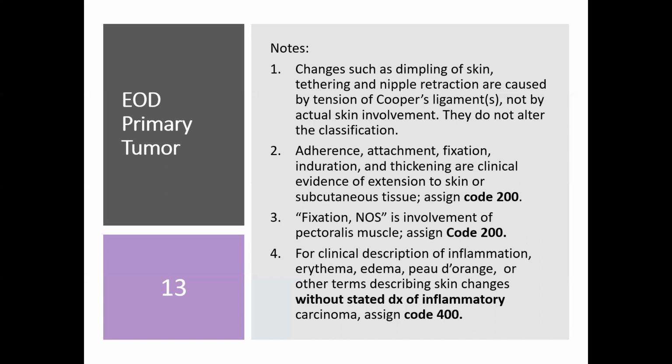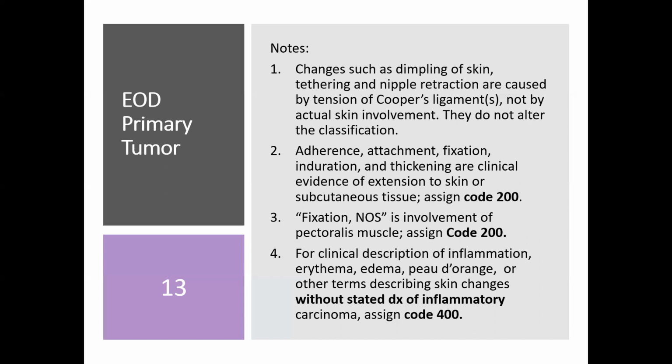If you have terms like adherence, attachment, fixation, induration, or thickening, these are all clinical evidence of extension to the skin or the sub-Q tissue, and then you would assign a code 200. If all you have is fixation NOS, that is determined to be an involvement of the pectoralis muscle. You would still code 200.